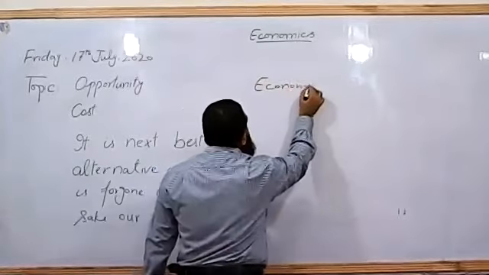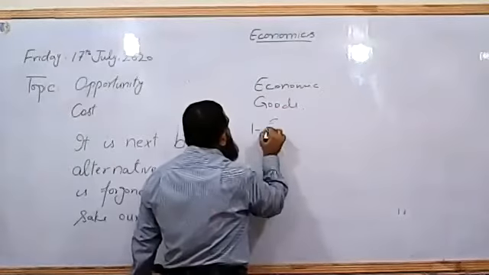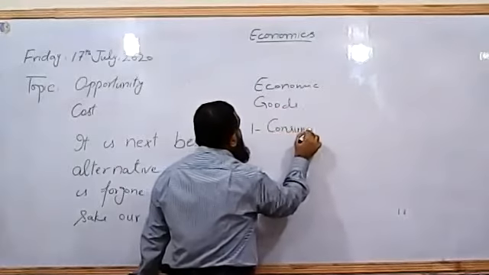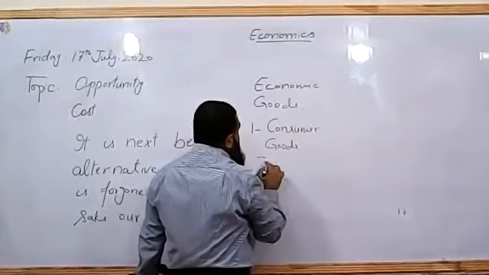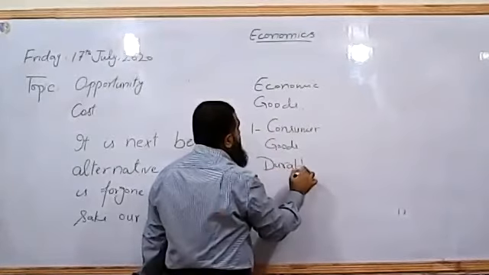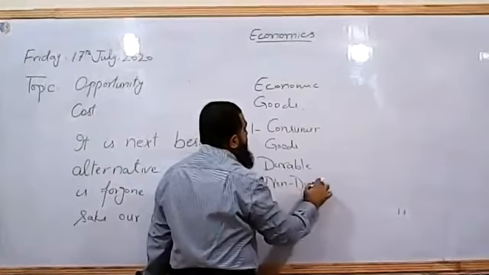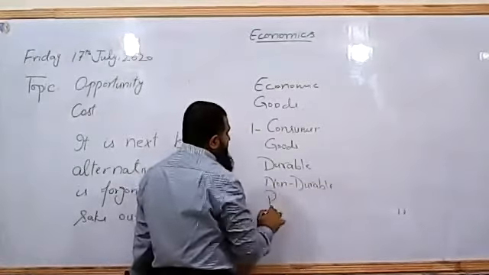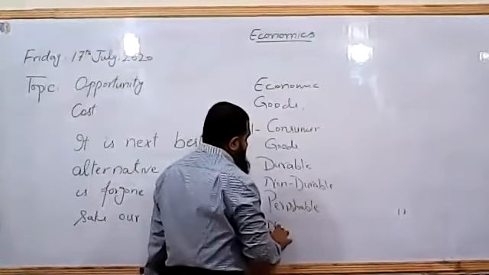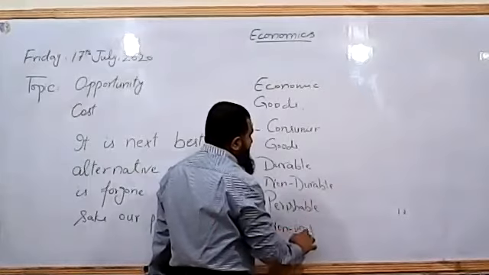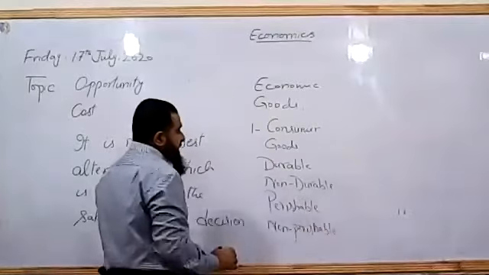Economic goods, they can be the consumer goods, and we have a long list of the consumer goods, like they are called durable goods, non-durable goods, and perishable goods, non-perishable goods, like vegetables and fruits items.